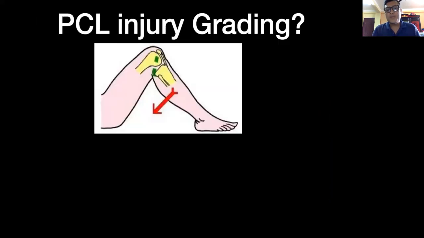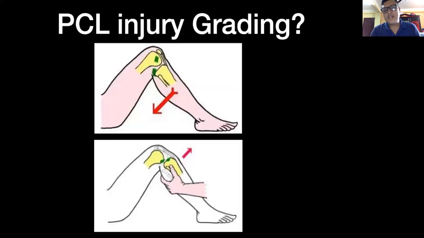So PCL injury grading. This has already been covered by our panelists, but I want to tell it again. Because of gravity, when the patient's knee is kept in the drawer position, that is hip in 45 degree flexion and knee in 90 degree flexion, the tibia sags downwards.